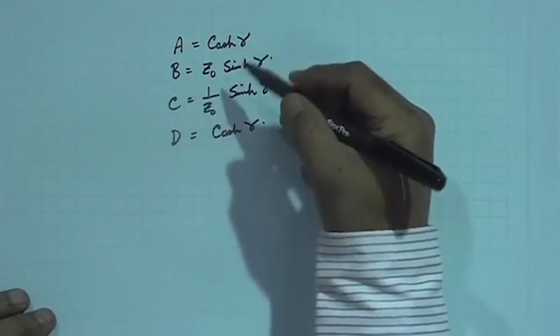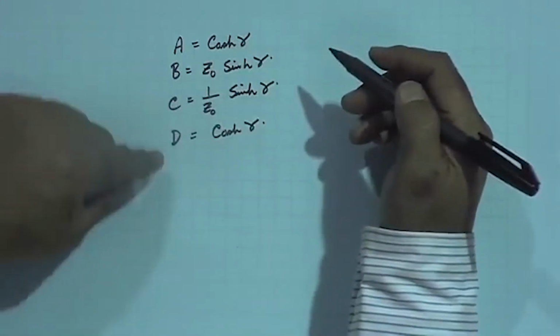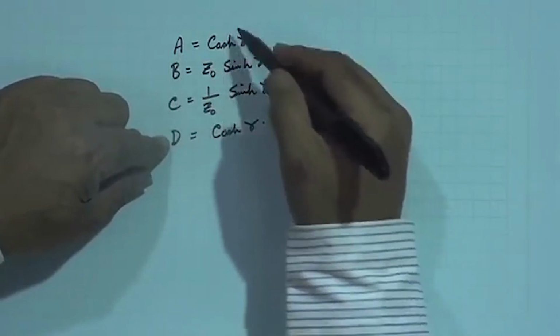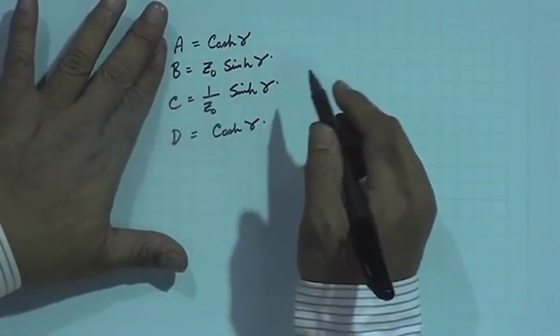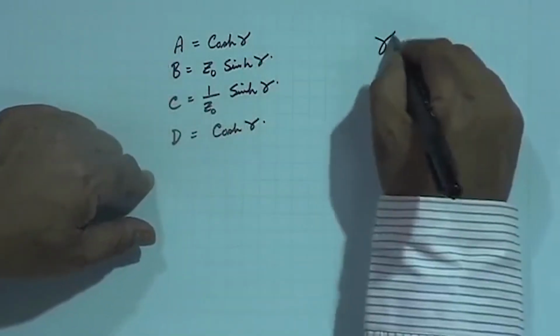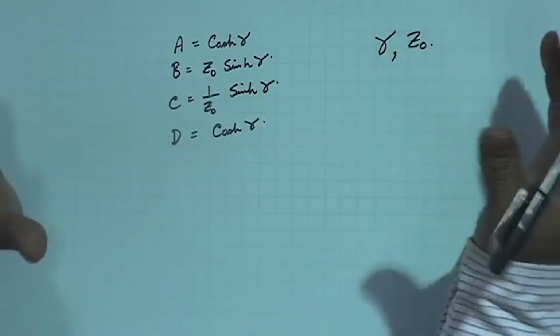So, you see that actually from here you can also see that the ABCD parameter description was not needed because A is equal to D for a symmetrical network, and this is the description that any ABCD parameter I can express in terms of two quantities, gamma and Z0. So, that is the beauty.